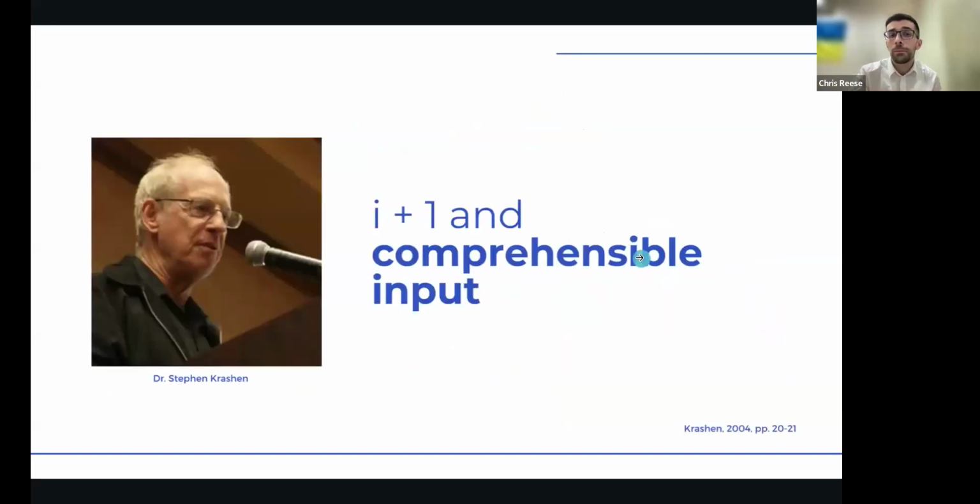So this actually gets to what Dr. Stephen Krashen referred to as comprehensible input, the I+1. What Dr. Krashen argued was that one of the main drivers by which we learn language is being exposed to language which we can understand, but which is one step higher than what we could produce.